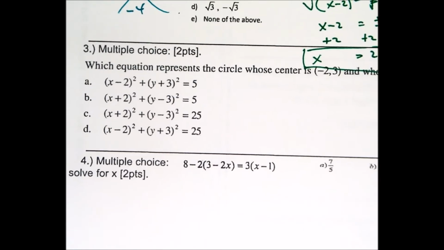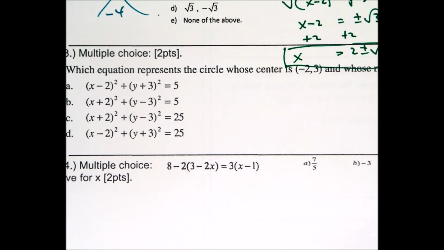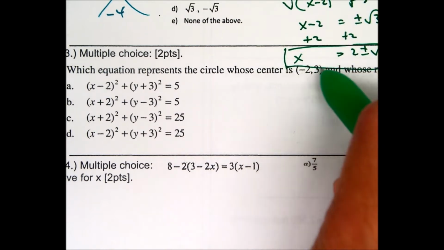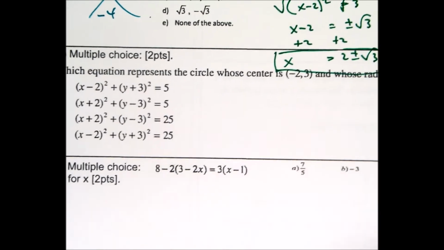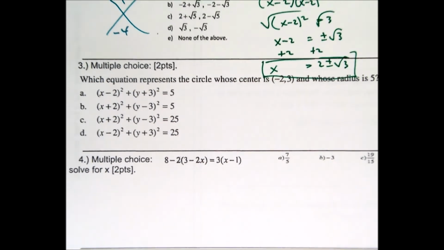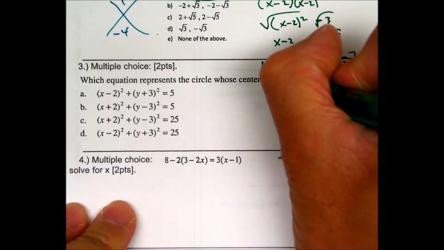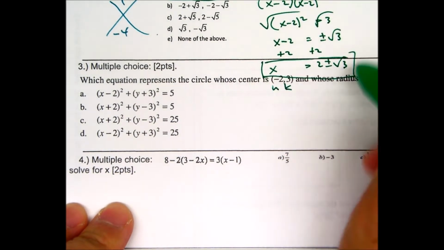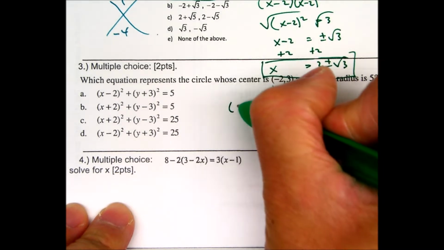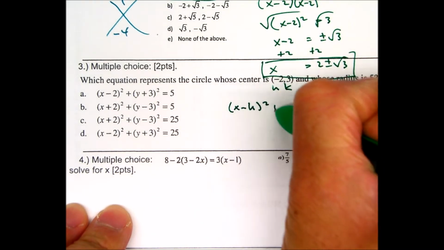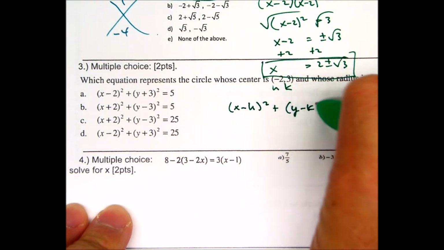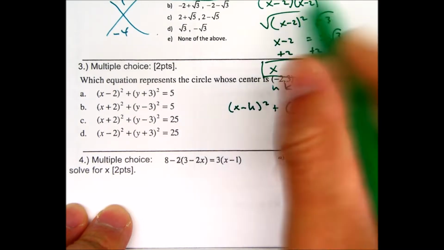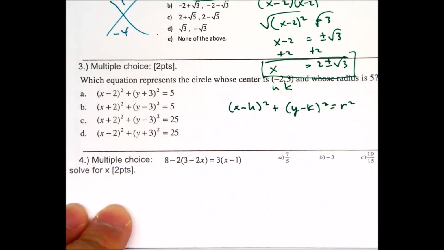Alright, question number 3. What equation represents a circle whose center is negative 2, 3, and whose radius is 5? When it gives you the center, that is your h and your k, and then you need the equation x minus h squared plus y minus k squared equals r squared, and then you just plug those in.